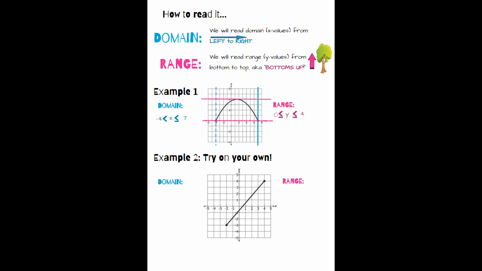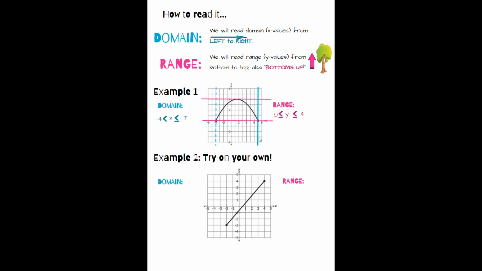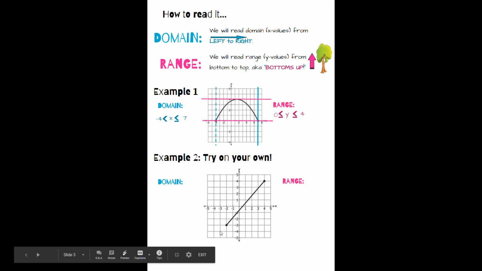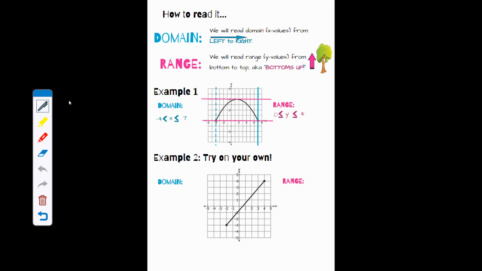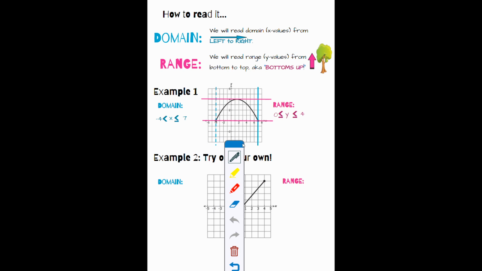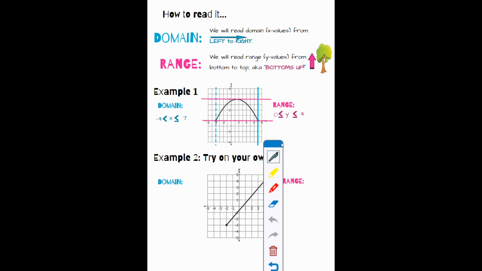I know a lot of you guys were wanting to write on it, so you know what? I will go ahead and just give you your own copy of these notes, and you can make out little lines just like I did, or you can even just drag over the lines that I made. All right. Now remember, whenever it comes to domain, you are going to be starting at the left and traveling all the way to the end, to the right.